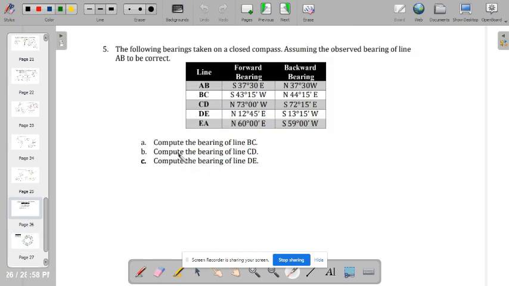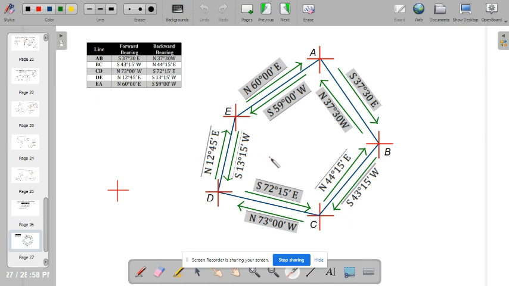It says that we need to compute the bearing of line BC. With this in the figure, we need to get the interior angle of this line. So first, let's draw a separate figure so that we can write down our interior angles.